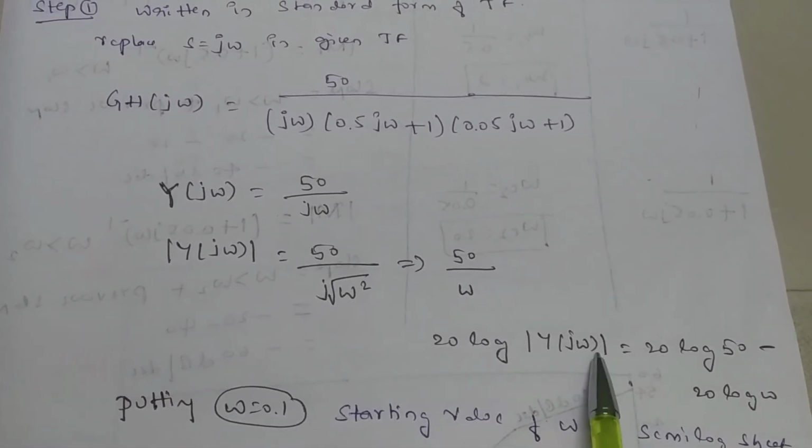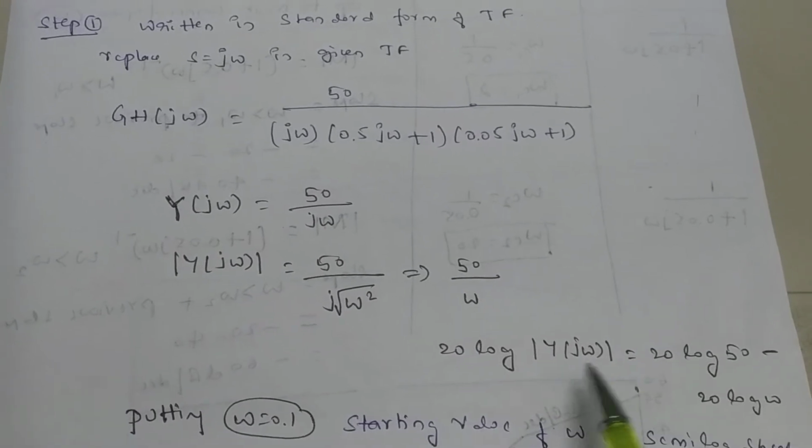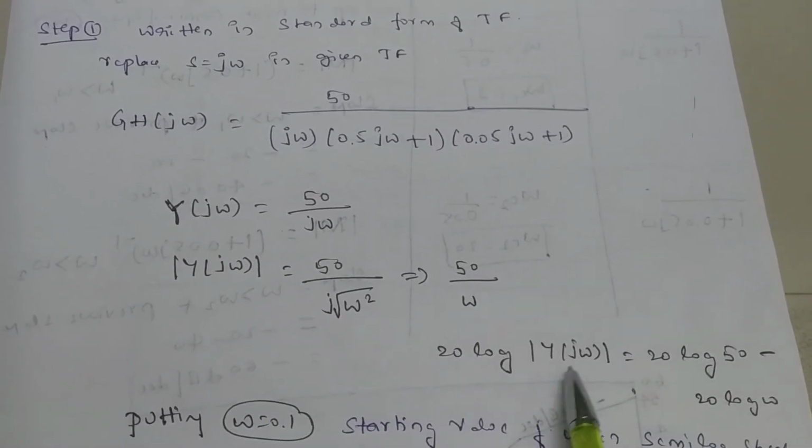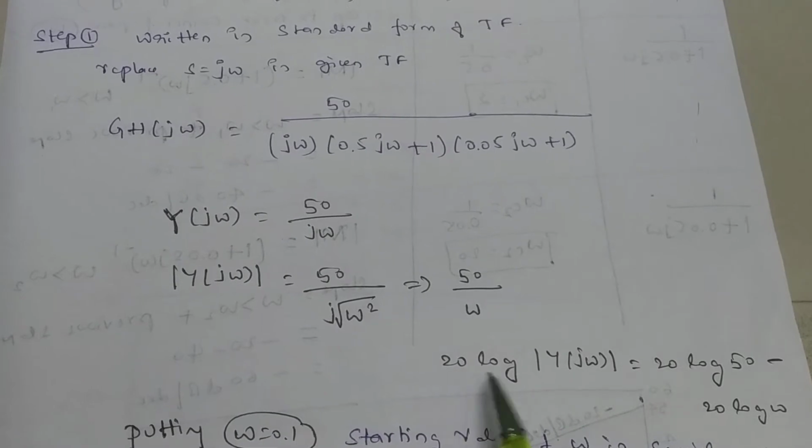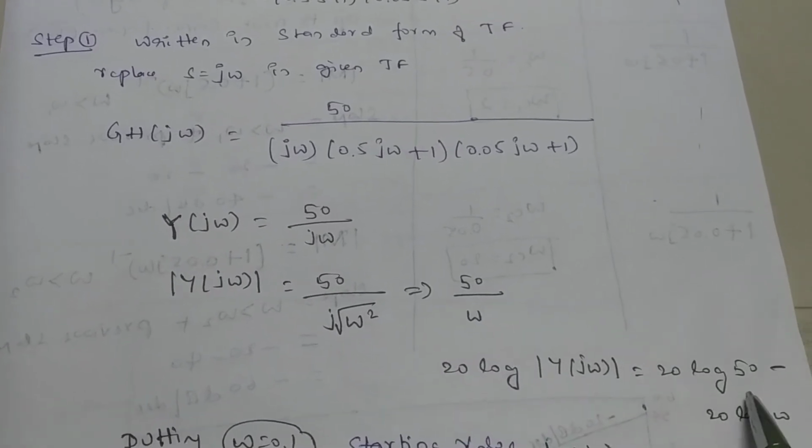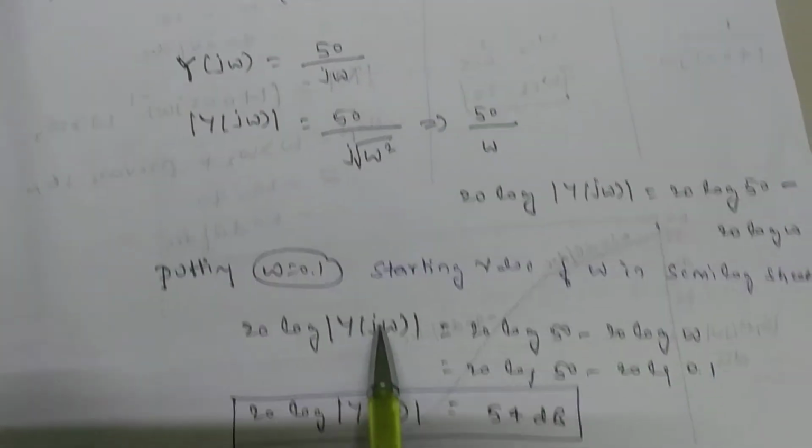We have already discussed this in the procedure of the Bode plot: 20 log of magnitude is 20 log of 50 minus 20 log of omega. So what is the value of 20 log of 50 here?